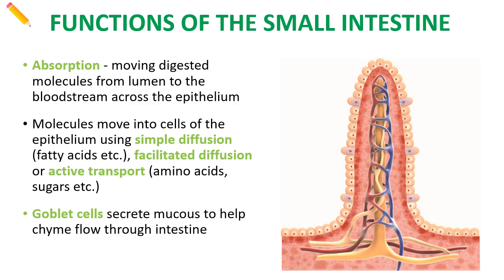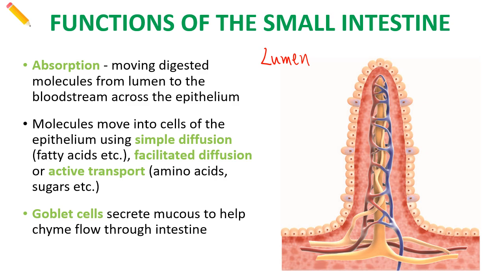Alright, so we've broken down all of our macromolecules, we've finished digestion. Now we need to absorb all the molecules. So remember, absorption is just moving the digested molecules from the lumen, which is the space on the inside of our intestine, across the epithelium into the bloodstream. And cells do it using all the processes that we've learnt already.